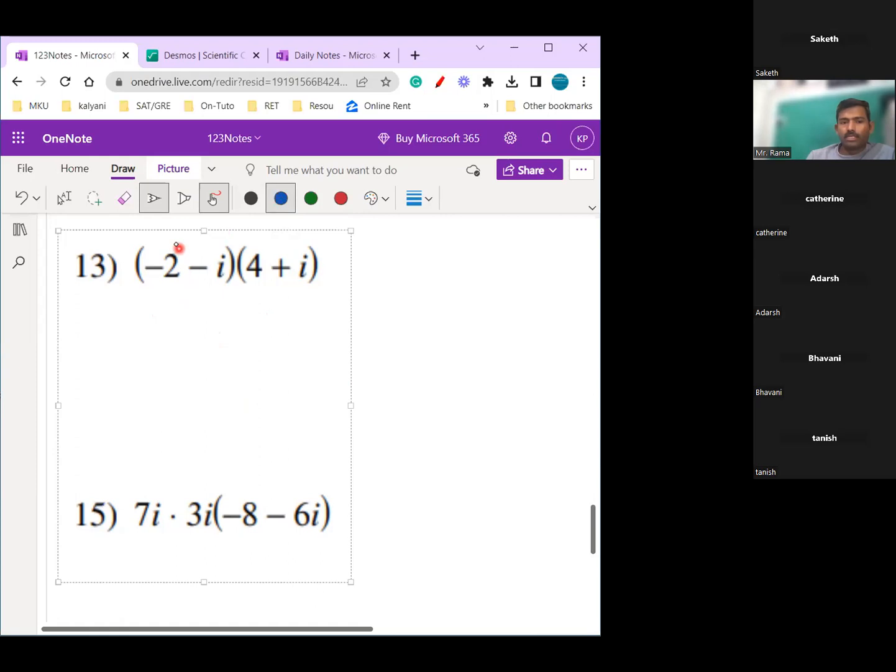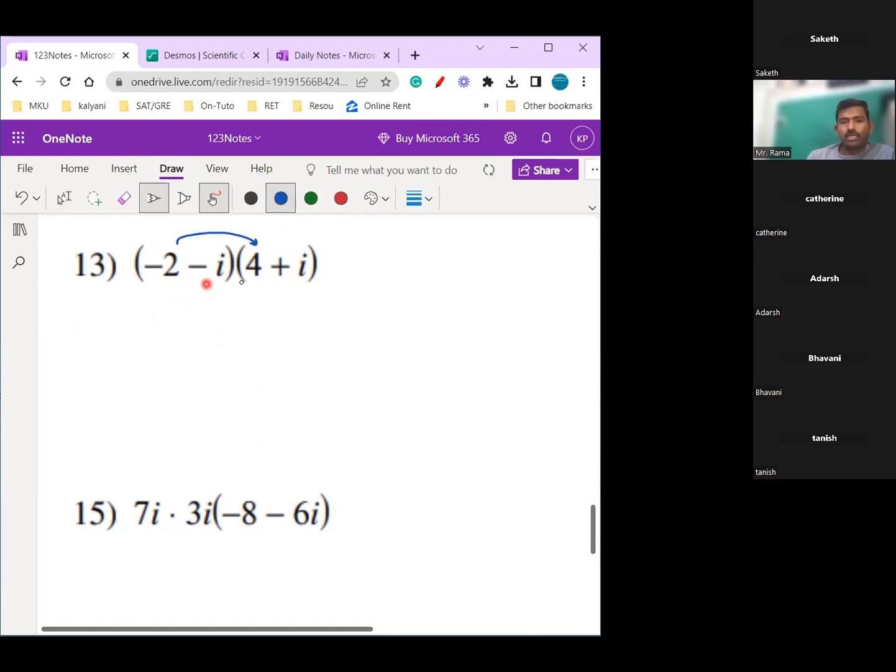Okay, so let's do the distributive property. Eyes on the screen, everybody. So negative 2 times 4 is negative 8. And then this times this is negative 2i. And then these two, negative 4i. And then finally these two, negative i squared. Good so far? Now you can combine like terms. These two are like terms. That's negative 8 minus 6i.